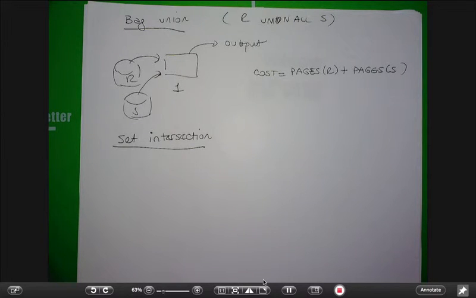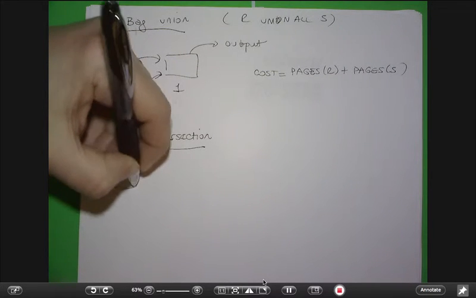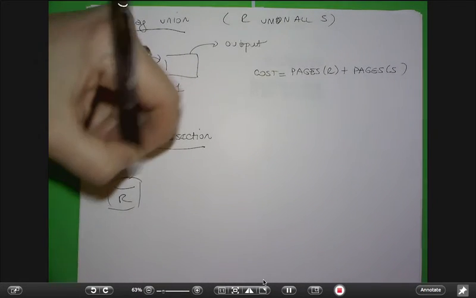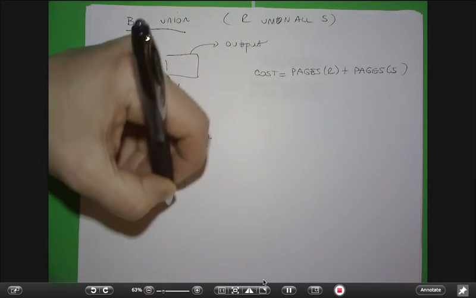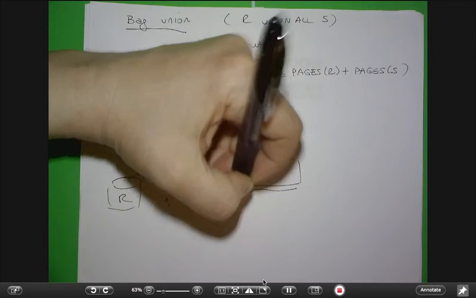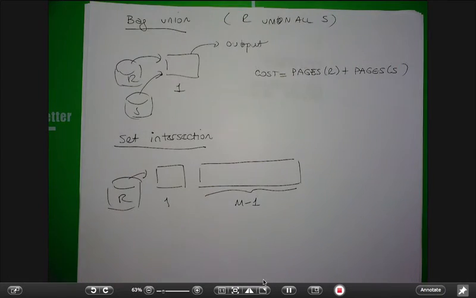Now I want to return only those values that are both in R and S, but I also need to remove duplicates, right? So things are a little bit more complex. So let's say I'm going to read R one block at a time, and I put all the unique tuples into m-1 blocks.